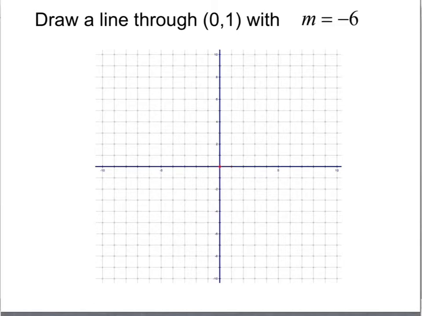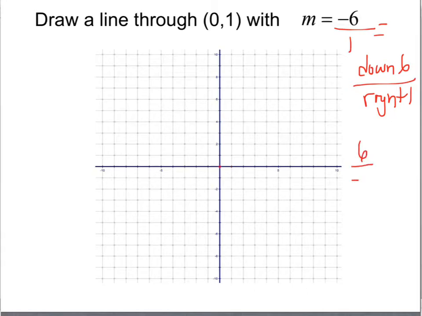Draw a line through the point 0, 1 with a slope of negative 6. Okay, so I want to do negative 6 over 1. Remember that means down 6 and right 1. That's also equivalent to doing 6 over negative 1, which is up 6, and left 1.